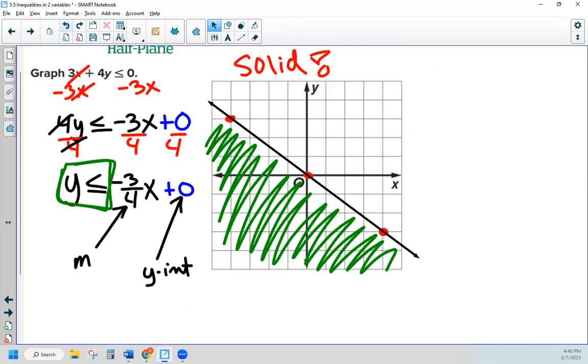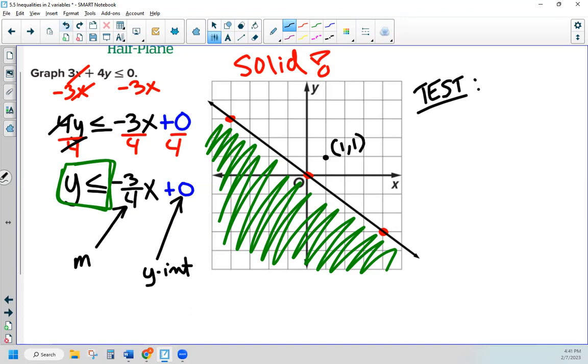The next idea would be, we can actually still test a point just to make sure that we are good to go. And this time I'm going to go ahead and test a point 1, 1, another easy point, right? So 1, 1.